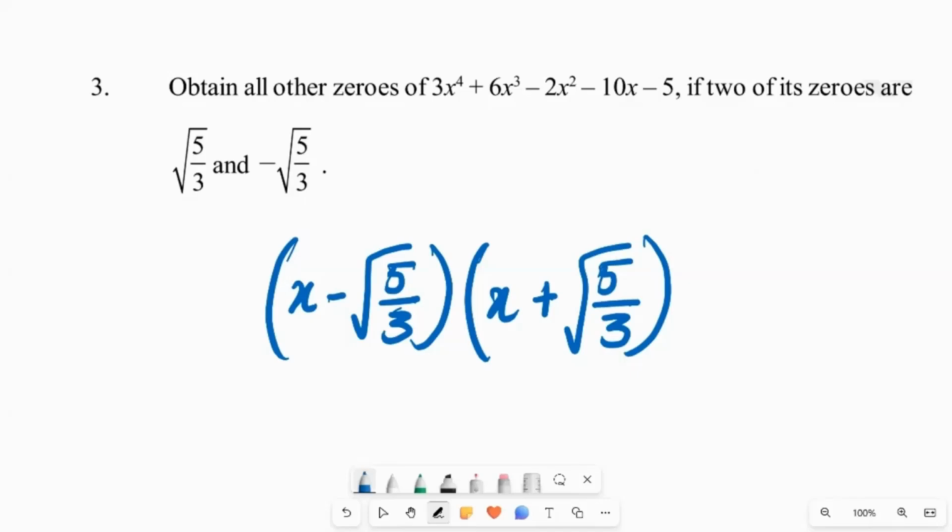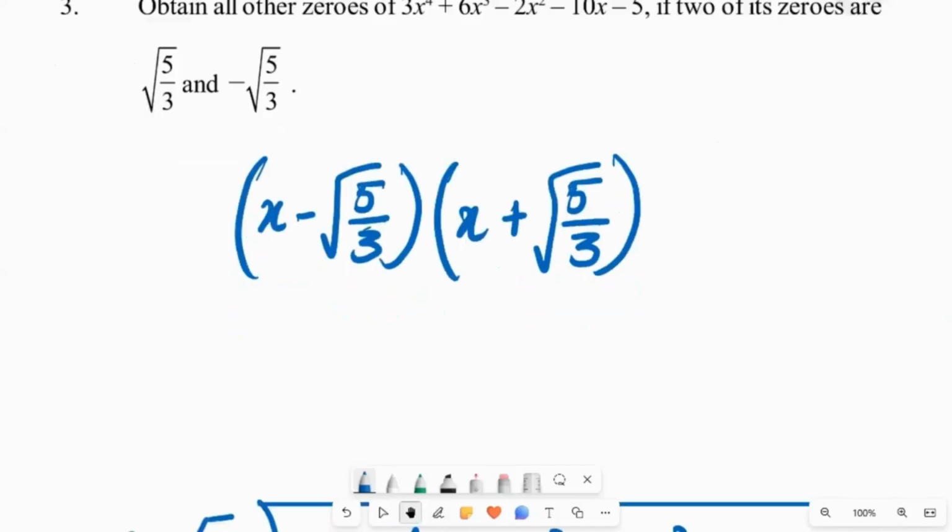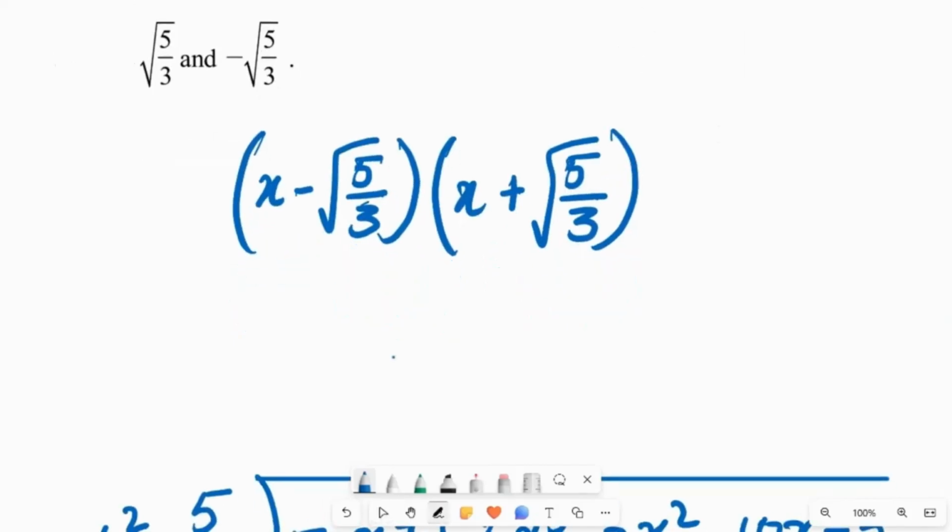Instead of dividing it two times, I'm going to multiply these two expressions and divide at the same time. So we have a plus b into a minus b, which would be a square minus b square. So this would be x square minus 5 by 3, right?